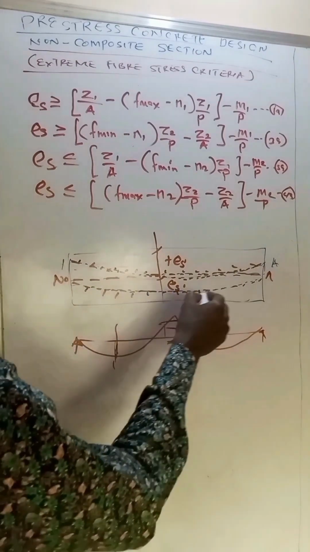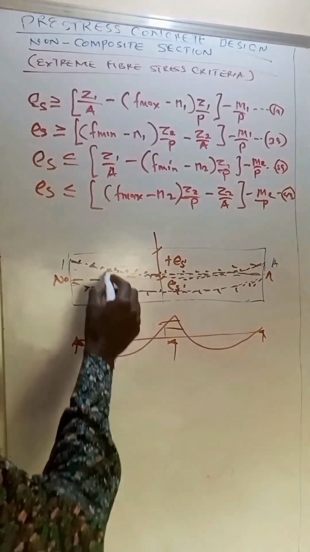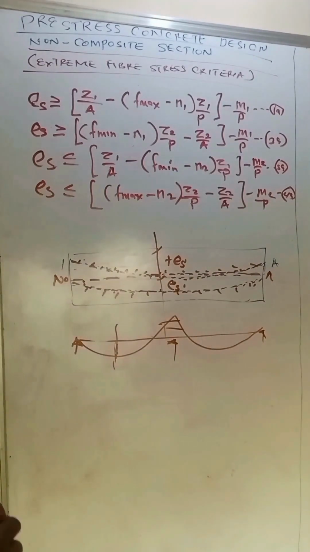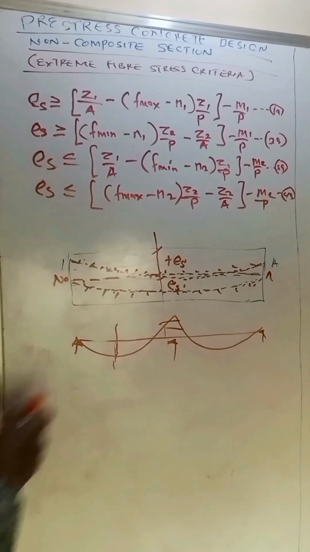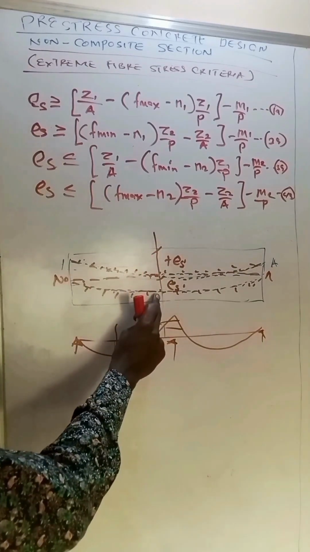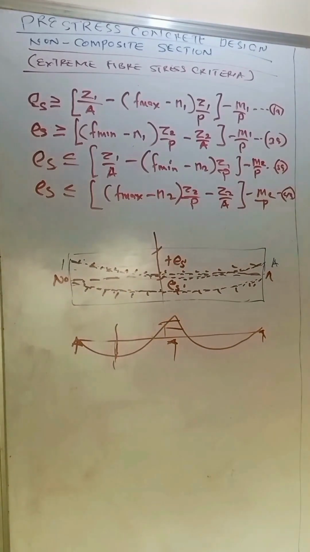All these points are not our interest. The space between these curves represents our cable zone. At every section of your beam, you will observe that the cable zone varies in values. The width between the upper and lower boundary is called the cable zone width.